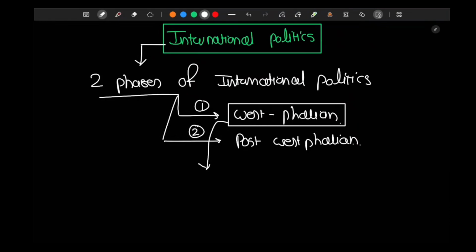There are actually two different places in Germany. If you have gone through your world history, you must understand the 30 years war, right? What is the 30 years war?